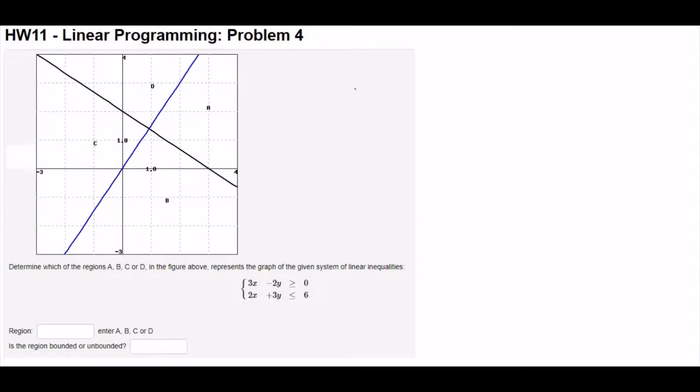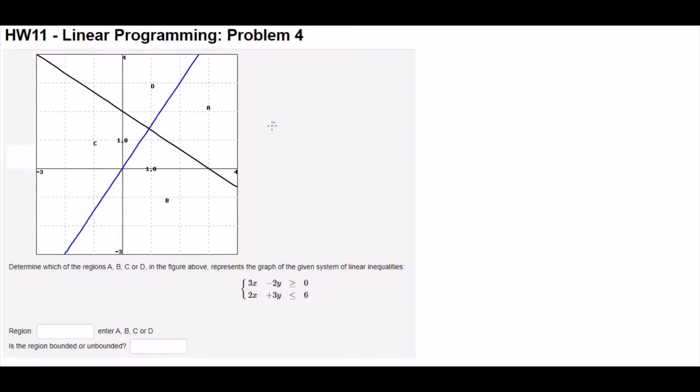Problem number 4. Determine which of the regions A, B, C, or D in the figure above represents the graph of the given system of linear inequalities. So these linear inequalities are our constraints. We're going to graph them and see where it falls in region A, B, C, or D. And we are going to determine whether it is bounded or unbounded.